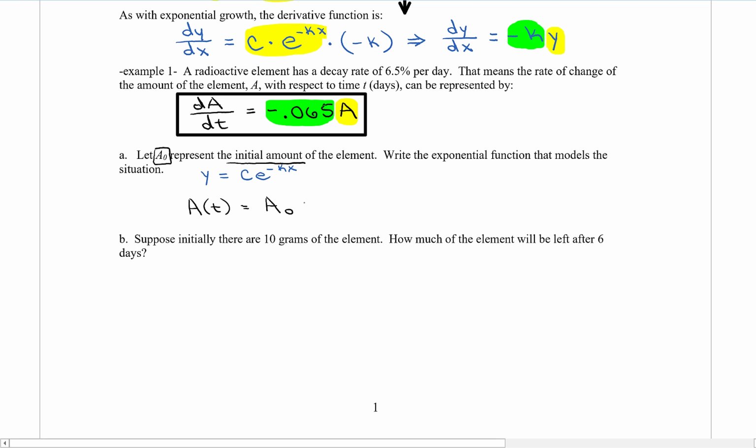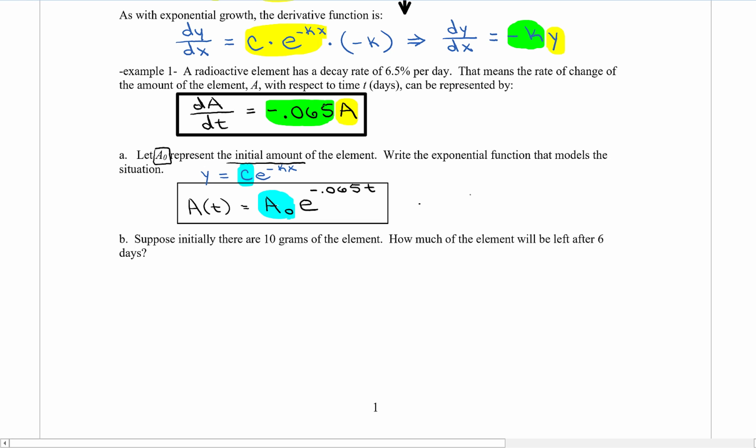I'm going to highlight the c in blue, and also the A sub 0 in blue, because these are the factors that correspond to each other. Then I'm going to multiply the A sub 0 by e raised to the negative 0.065 times t power. I'm going to box in the equation of A of t. This represents our exponential function.